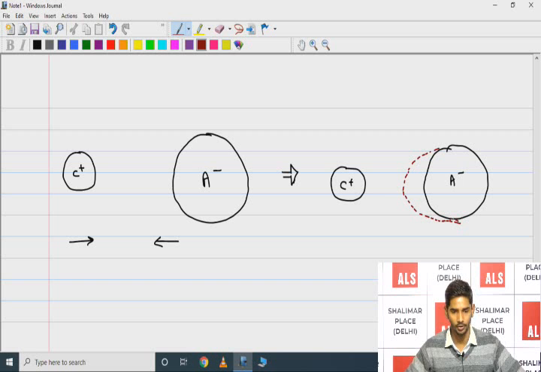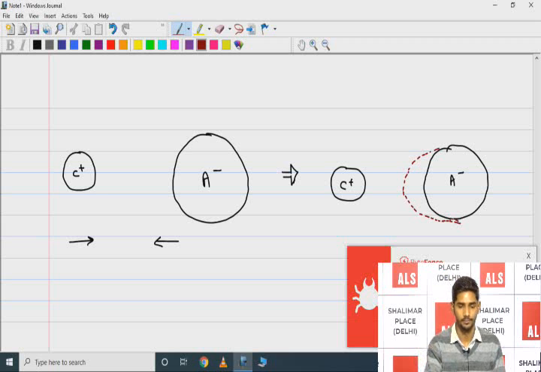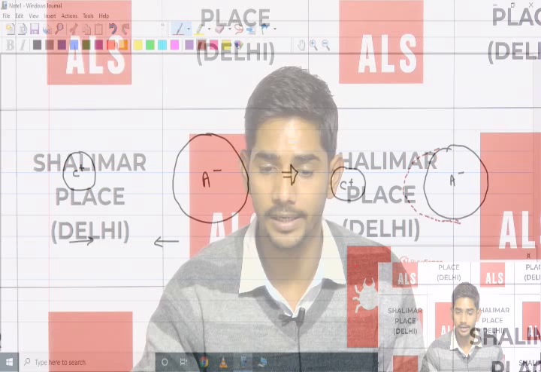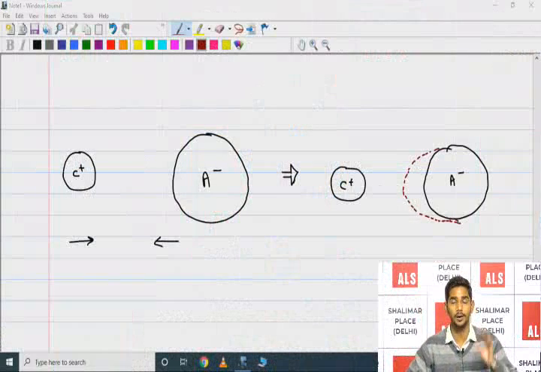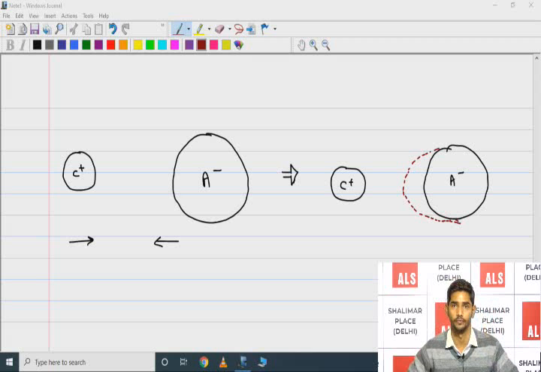So this deformation is known as what? Polarization. Always, polarization will be done on the anion, and the reason for the polarization is the cation. The cation helps in the polarization process.